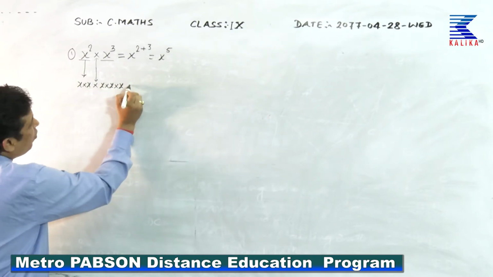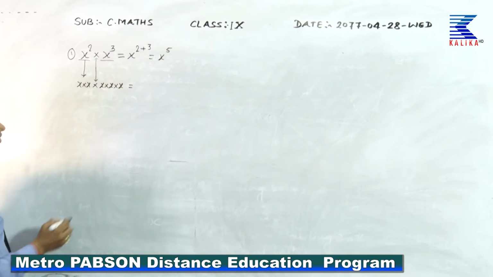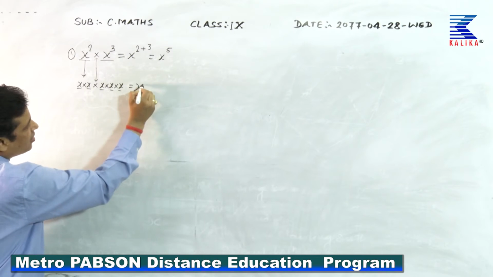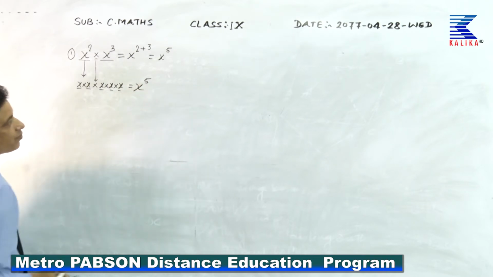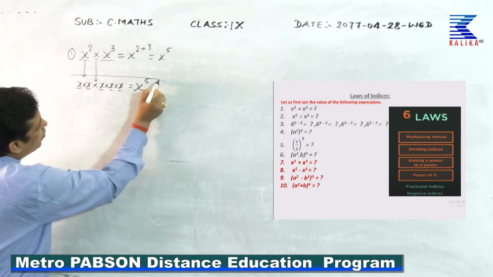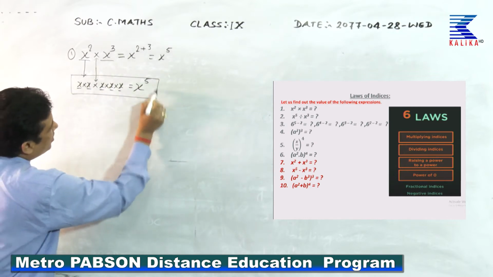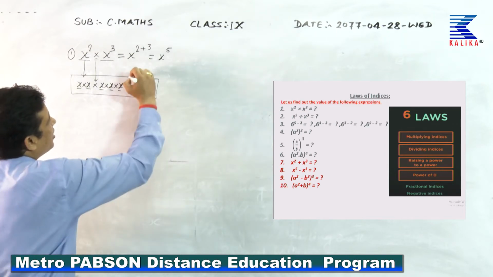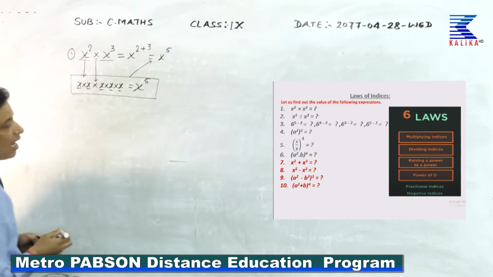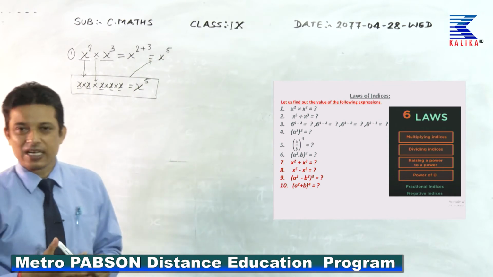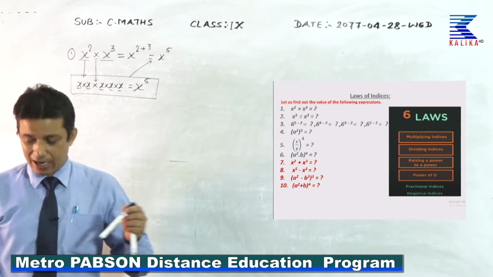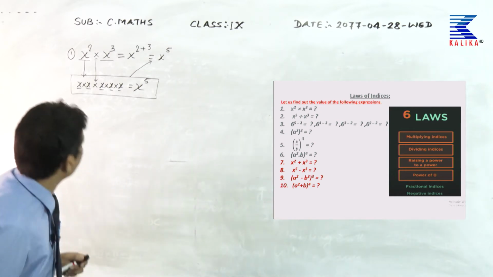What is the product here? 1, 2, 3, 4, 5, x to the power 5. But we do not do it this way, we take the law of indices for multiplication and follow this rule: when bases are same and two terms are multiplied, we add the powers.